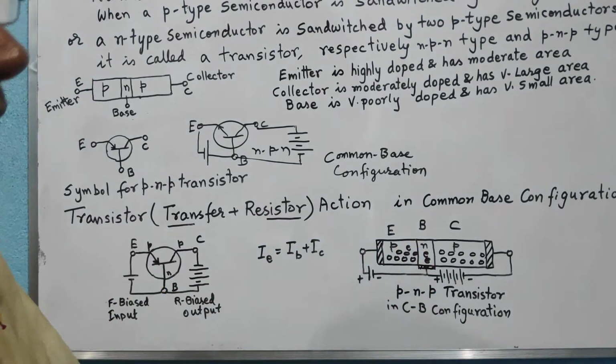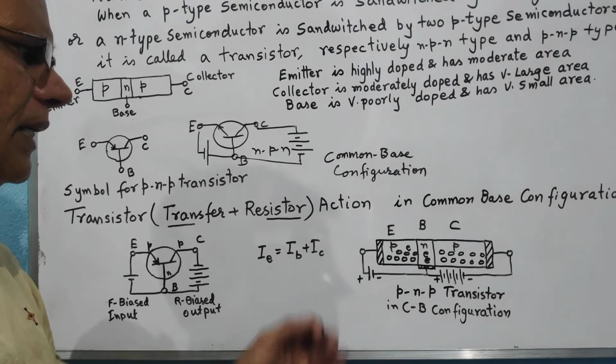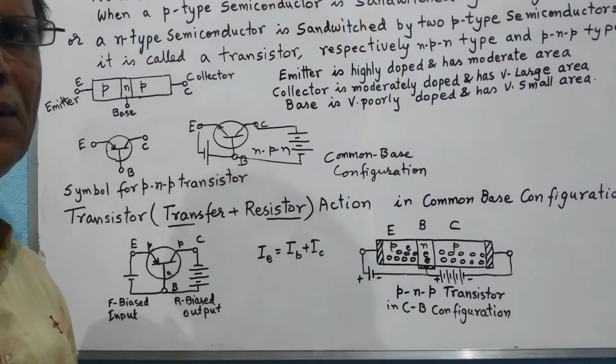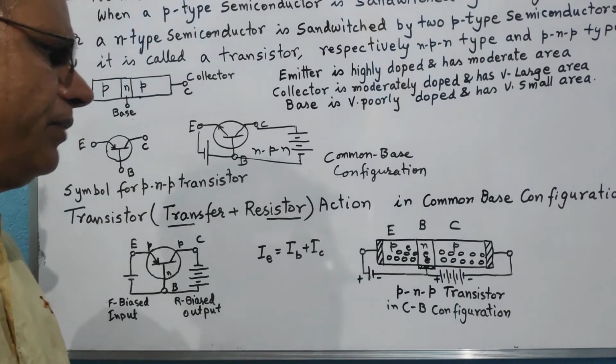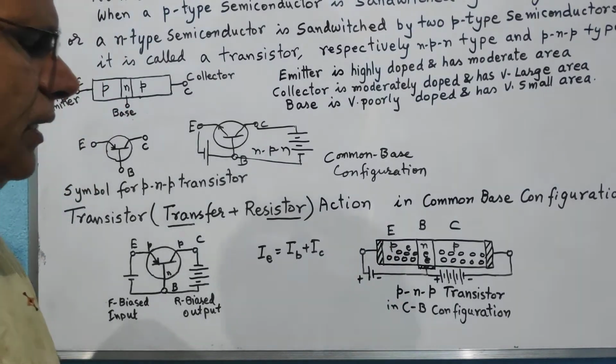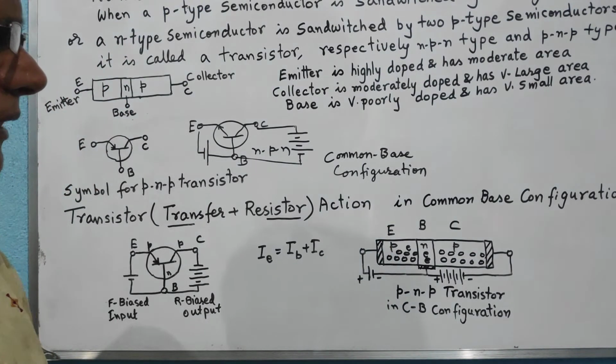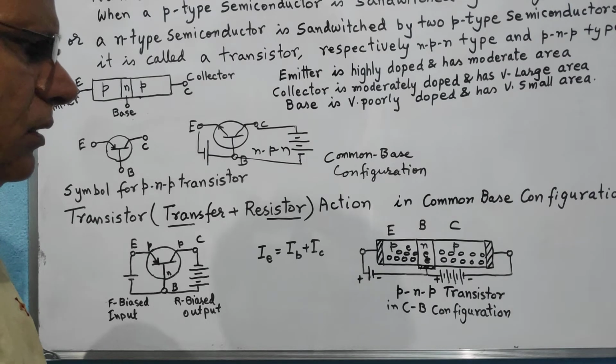If we dope the semiconductor very poorly, that means the majority charge carrier will be very minimum, and we have also kept the surface area of the base small.